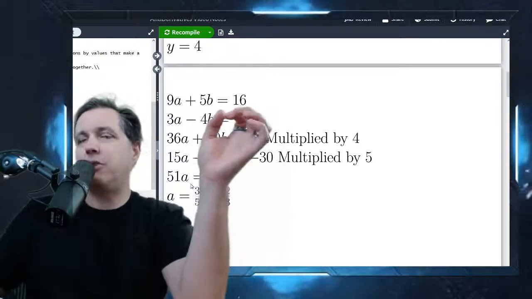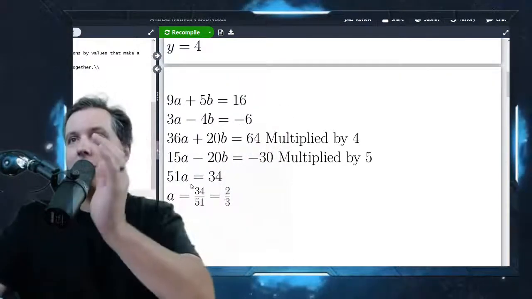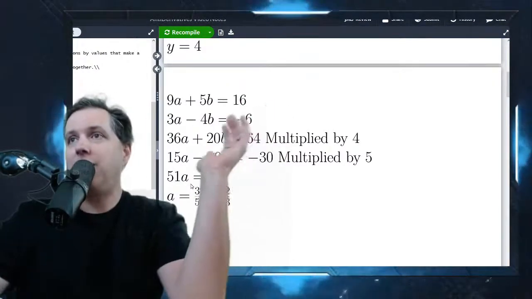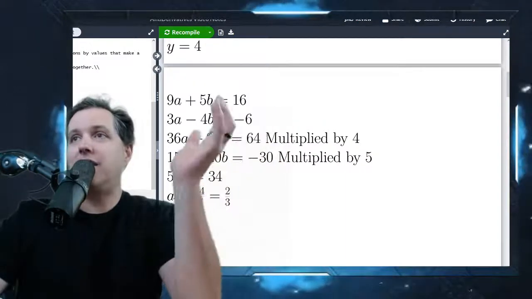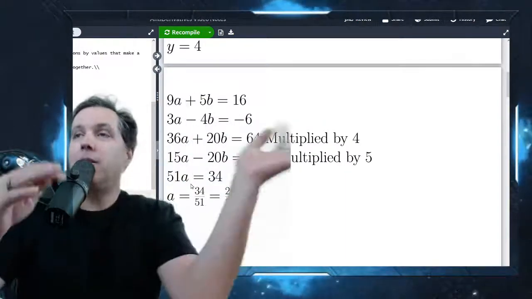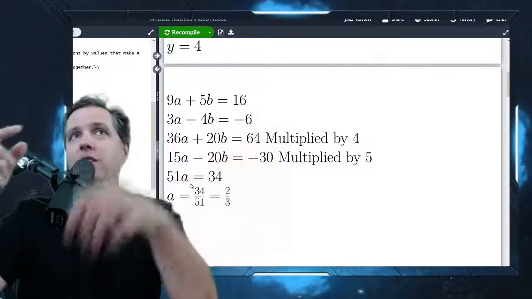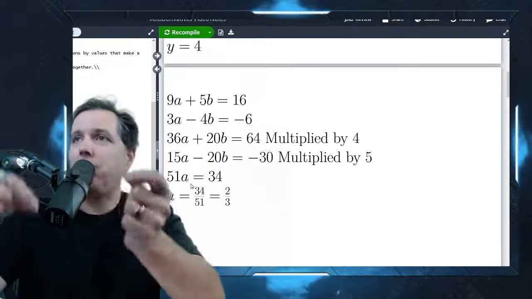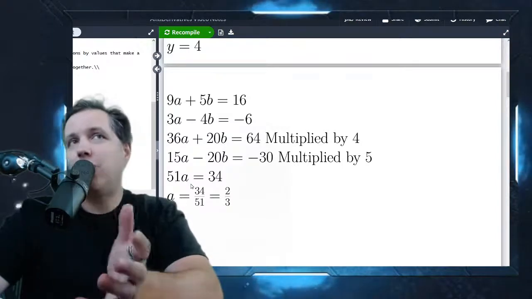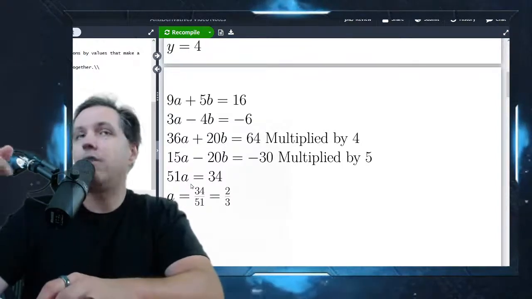Remember when we did substitution and we substituted that expression into some bigger equation, and then you had some really big equation that you had to simplify down? With substitution, that's where the work comes in, simplifying that big equation. Here, it's figuring out what to multiply your equations by. But the rest of the problem is pretty straightforward.